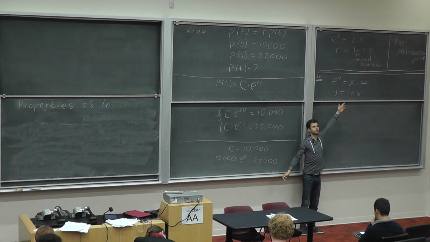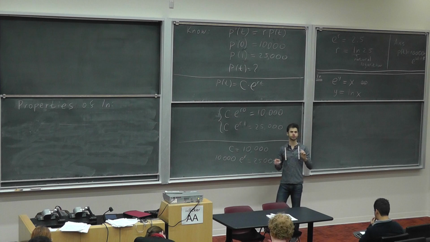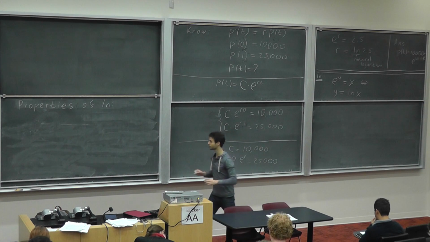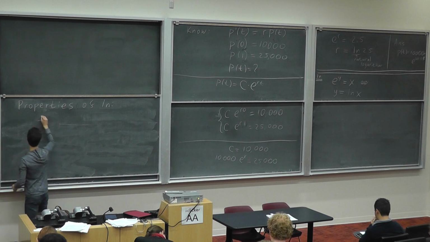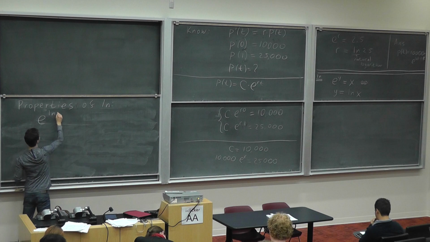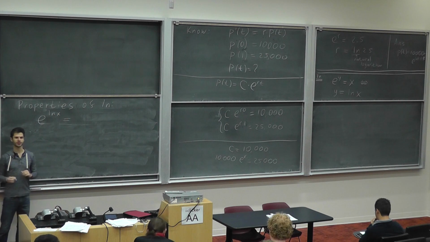The natural logarithm of a number is the power to which you should raise e to get this number. So if you raise e to this power, which is ln of x, what is the answer?